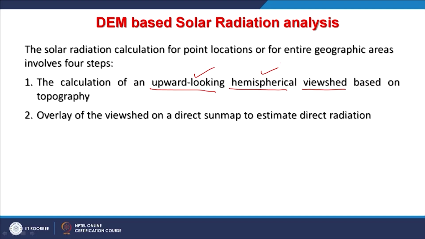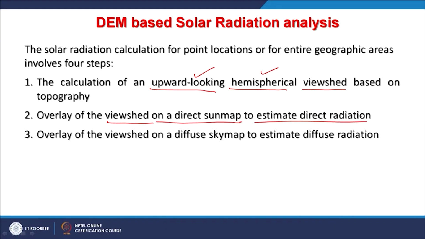Now, what we do is overlay the viewshed, calculated keeping it upward looking and hemispherical, on a direct sun map to estimate the direct solar radiation, and overlay the viewshed on a diffuse sky map to estimate diffuse radiation. So, we can calculate not only the direct radiation, but also the diffuse radiation.